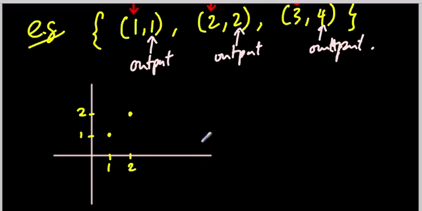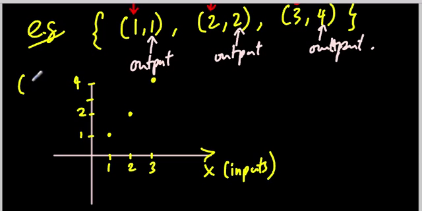And let's say I have 3, and let's say that's 4, so (3, 4) is right here. This is my set of x's, which we call the inputs, and here is my set of y's, which we call the outputs.